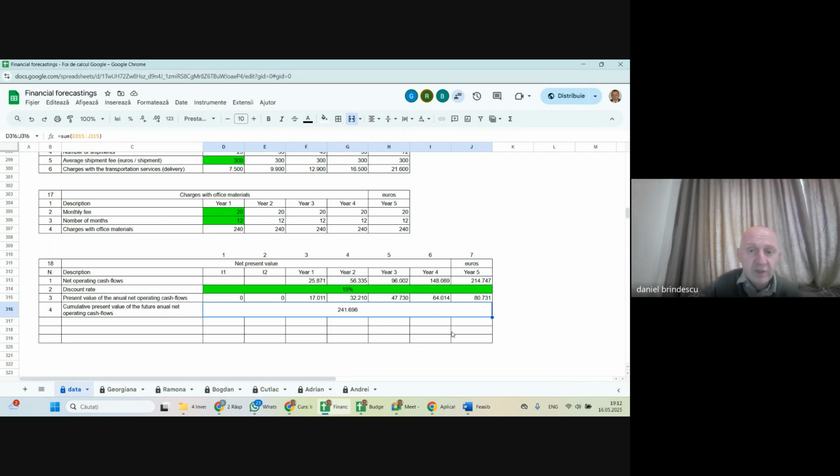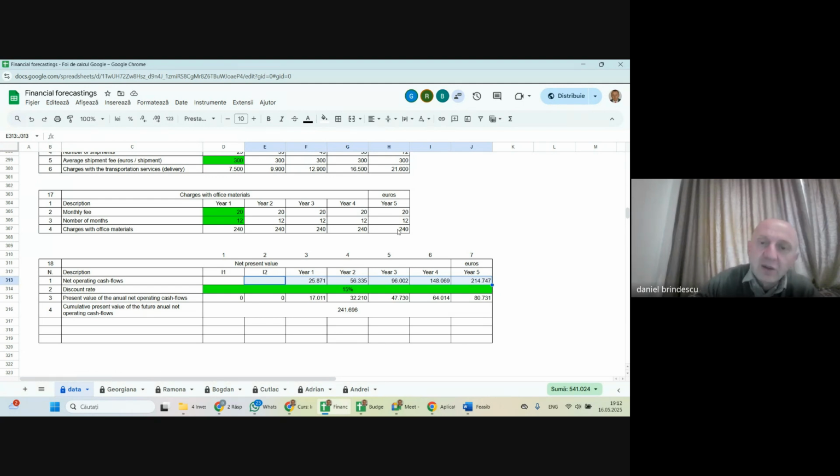Now, are these net operating cash flows the only gains, financial benefits that our investment would bring us? Not really.